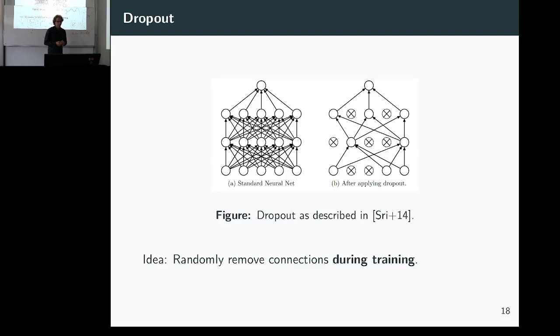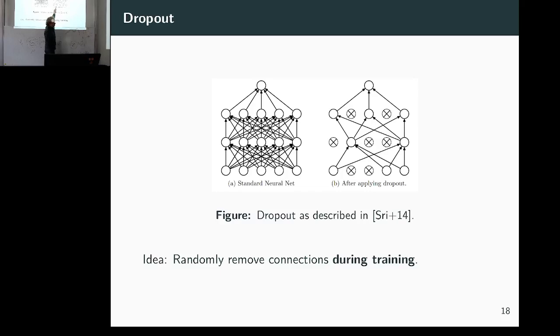The idea is to encourage redundant representations within the network by stopping the network from relying on specific neurons. So in one training iteration, one update, the network is given this layout.